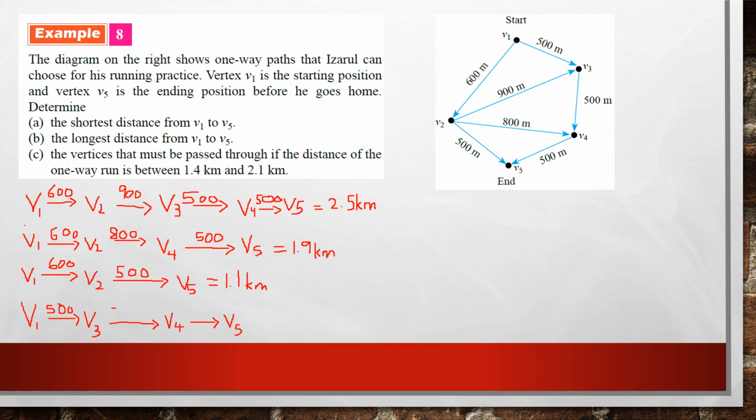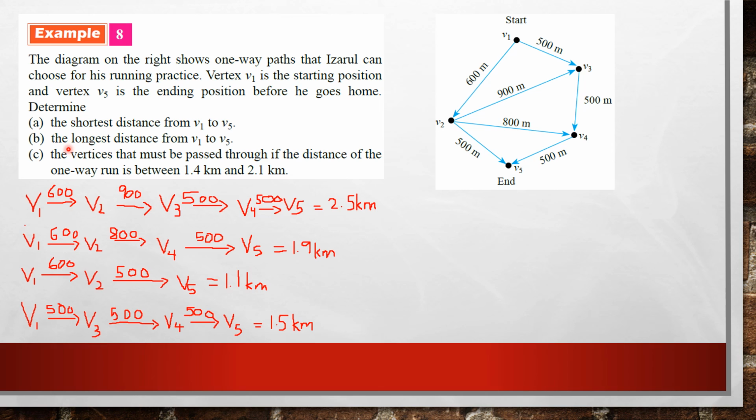From V3 to V4 is also 500. Then V4 to V5 is also 500. So now we calculate the total distance, which is 1500, that is 1.5 kilometer.